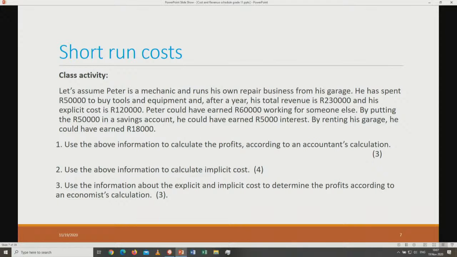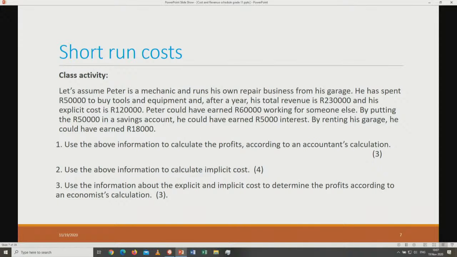We call that his capital. He could have put it in a savings account where he could have earned an interest of about 5,000. By renting his garage, Peter could have earned 18,000. Right. Okay, now we have the scenario.